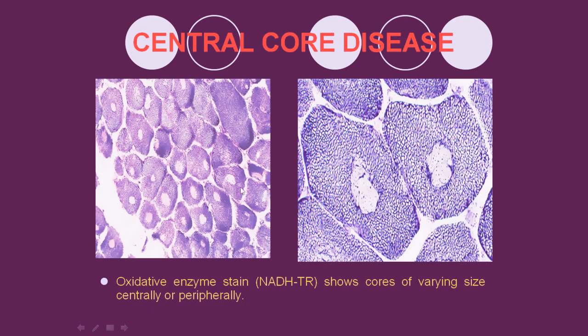At the periphery, relatively normal stained myofiber. This is the central clear zone, and this is the relatively normal stained periphery.